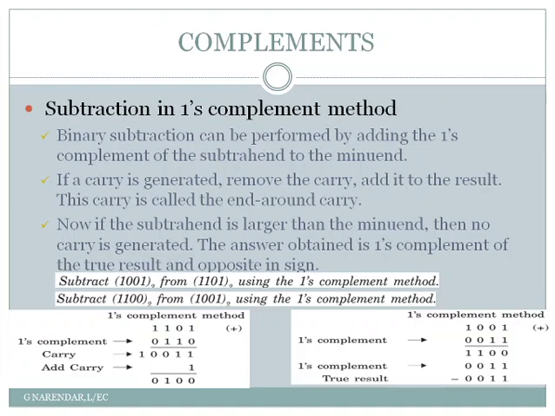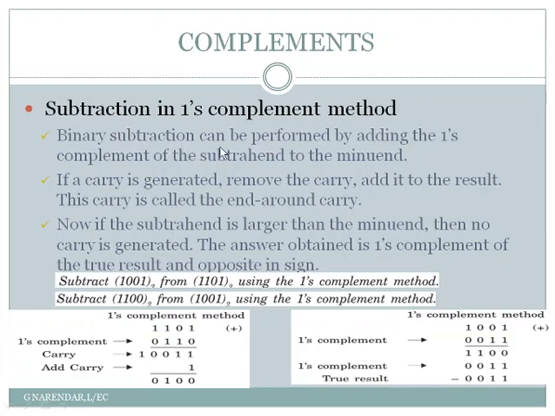Either in the 1's complement method or the 2's complement method, the subtrahend is modified and added to the minuend to make the subtraction operation similar to the addition operation. So how can this be done? First we will look at the subtraction in the 1's complement method.